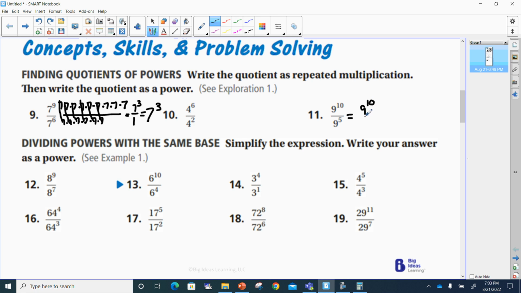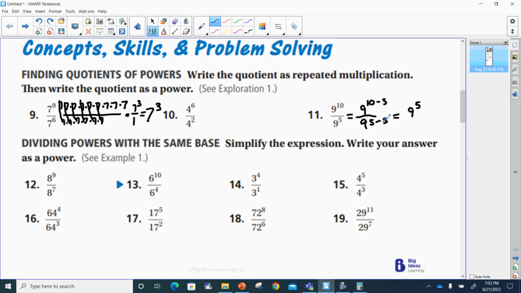Since it's bigger, I'm not going to move it. This will all be 9 to the 5 minus 5. I'm taking away the 5 that are here, okay? And I'm going to bring it up here. Remember, whatever I do to one side, I do to the other side to balance it out. So this is going to equal 9 to the 5th power.